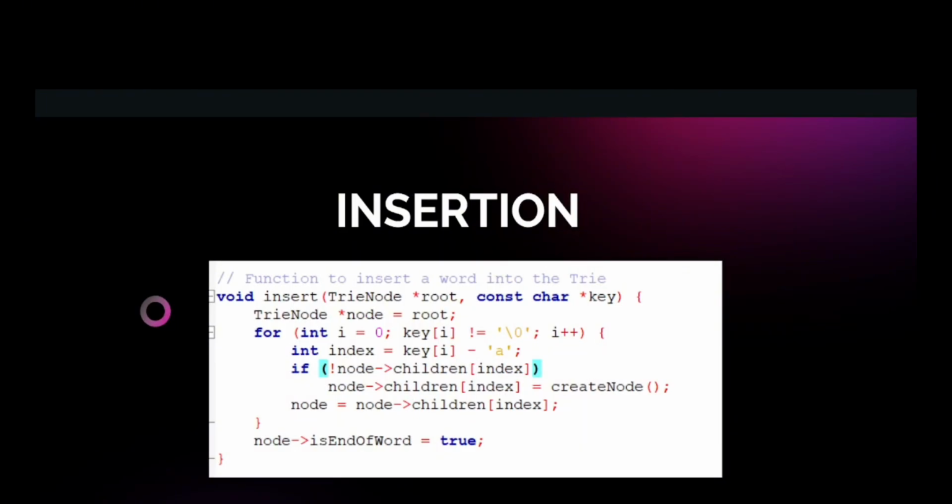Yeah, we're basically done with our insertion here. Wait, no. After creating a new node, we need to move to the next node, which is here: node equals node children index. Now we shift focus to the newly created or the existing child node.